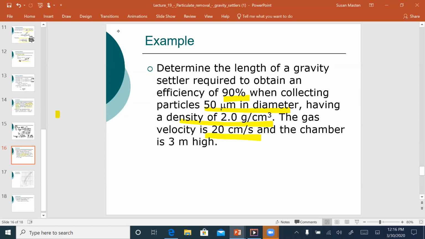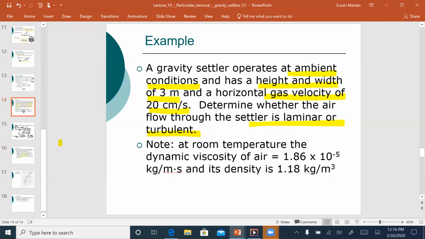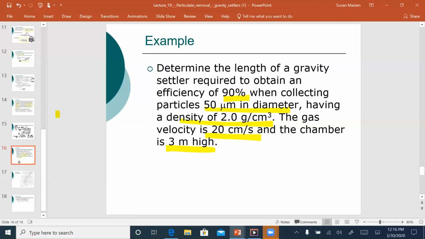We've got an average horizontal velocity of 20 centimeters per second, and the chamber is 3 meters high. That's essentially what we had before. So now the question is, if we were to use this system for these particles, how long would it have to be in order to achieve 90% removal of these particles?